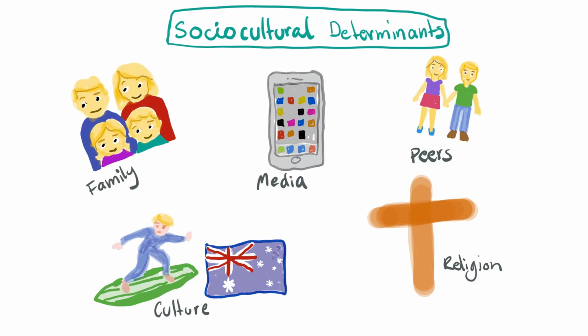Each of these factors will have their own contributions or determinants in relation to health, but can also be combined with other areas of sociocultural determinants to impact an individual's health.